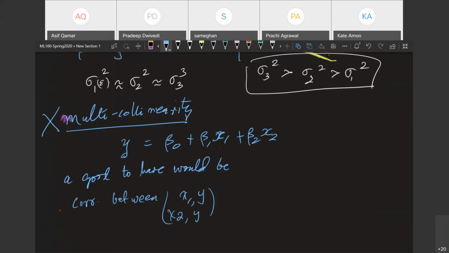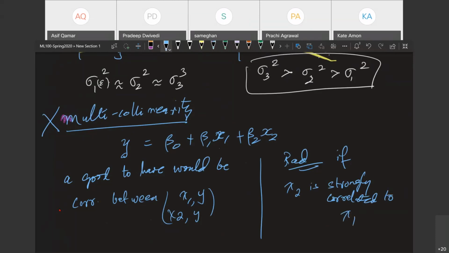But what is a bad thing is if x2 is strongly correlated to x1. Can you guess why that is a bad thing?